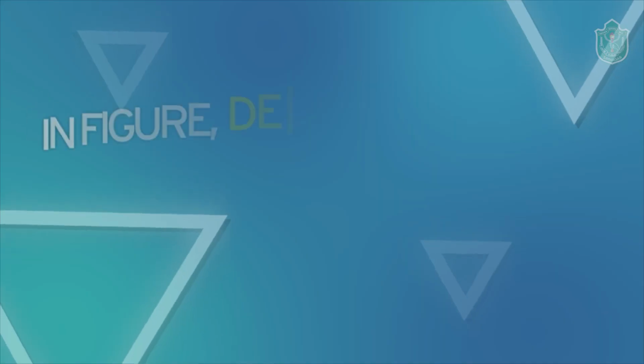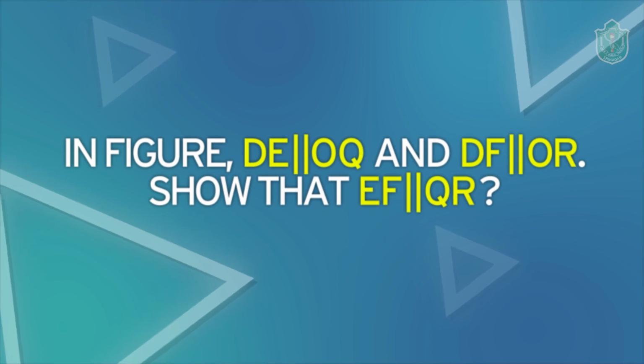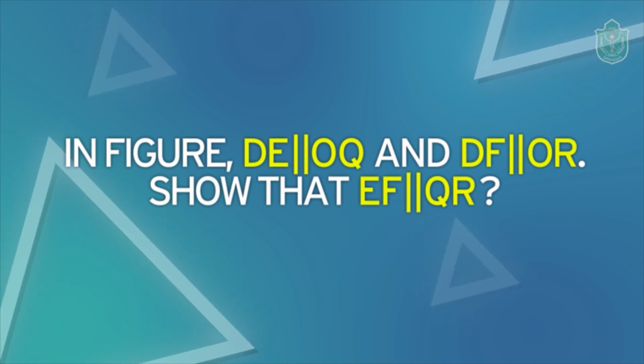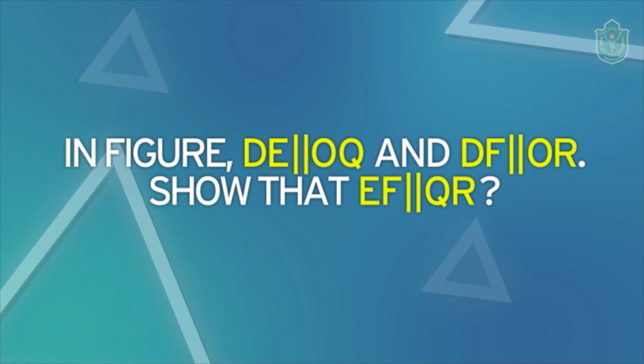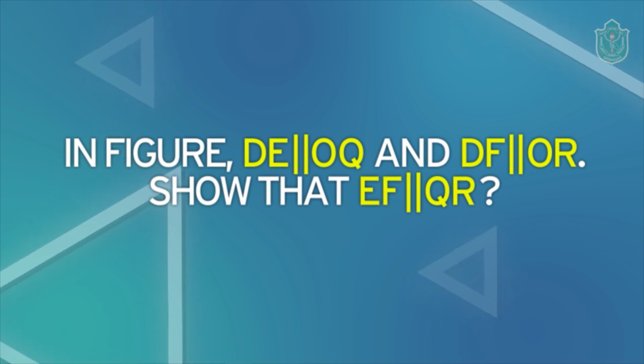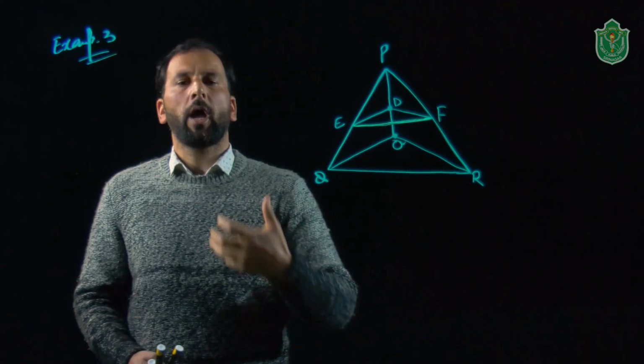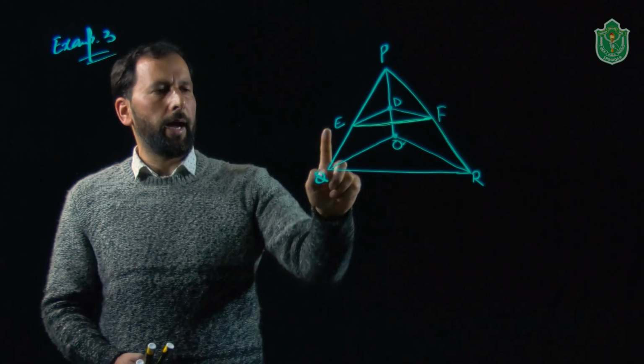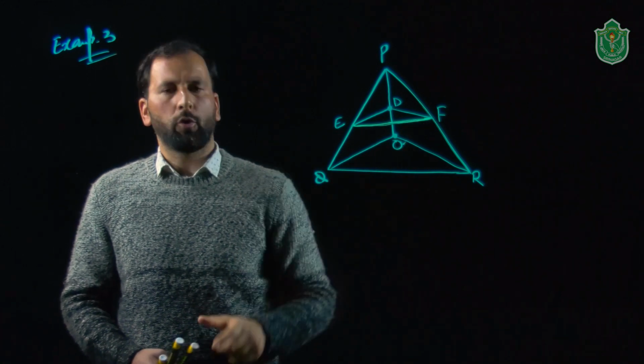First of all, look at the given condition here. We have a triangle PQR in which one line segment DE is parallel to OQ and another line DF is parallel to OR. Then we have to show that EF is parallel to QR.